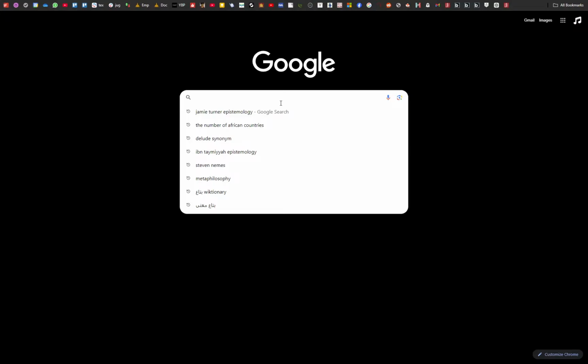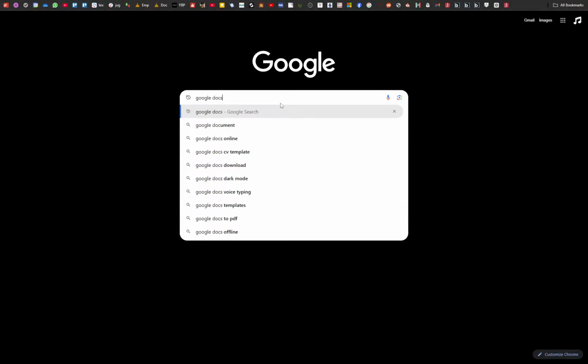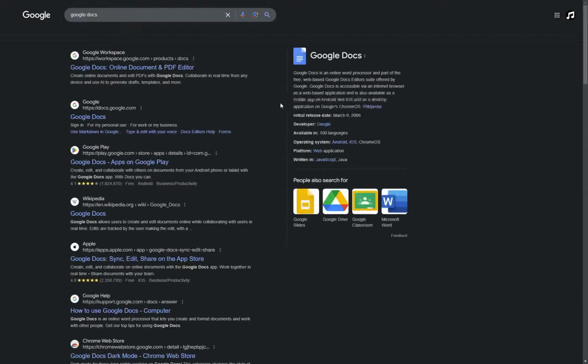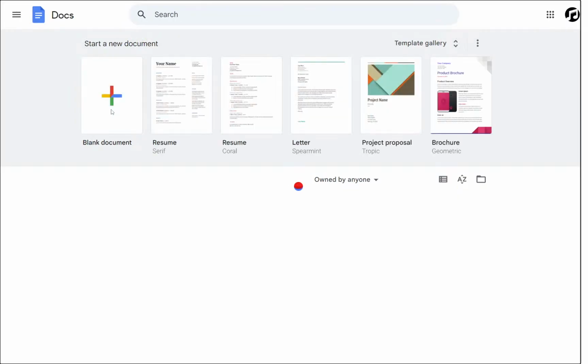Let's open a new tab. Google Docs. Let's do the exercise. Blank document.